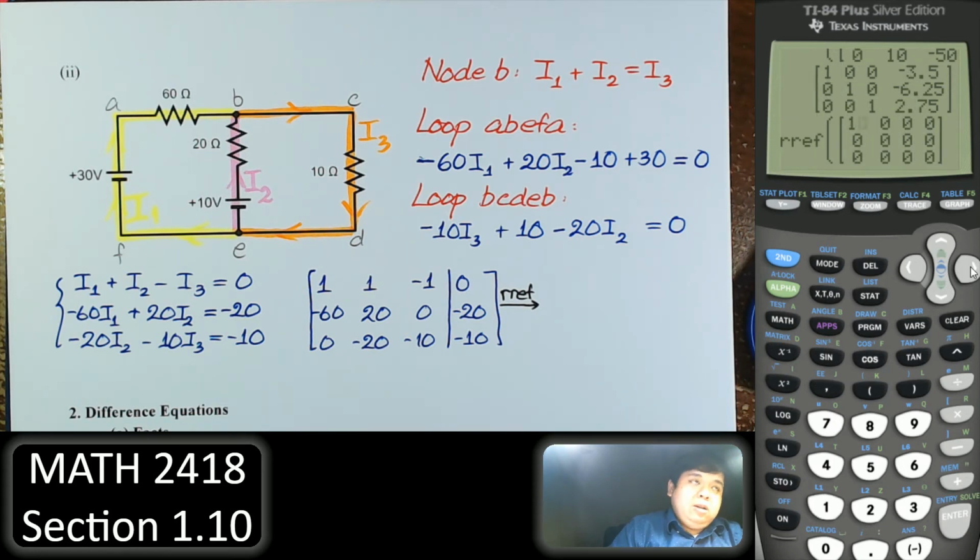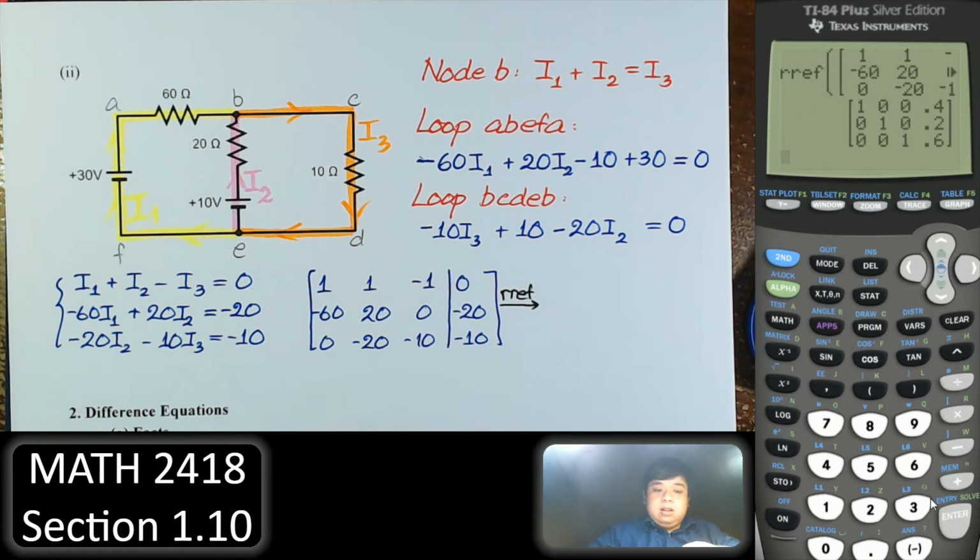One, negative 1, negative 1, negative 60, 20, negative 20, 0, negative 20, negative 10, negative 10. Right, and we have that.